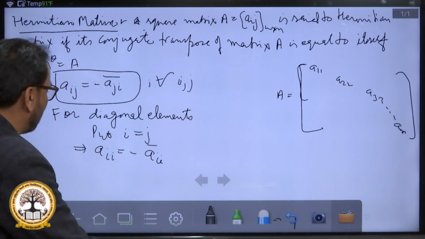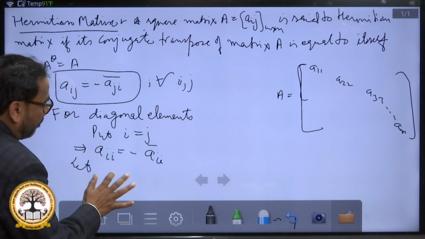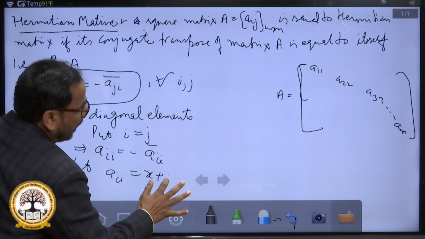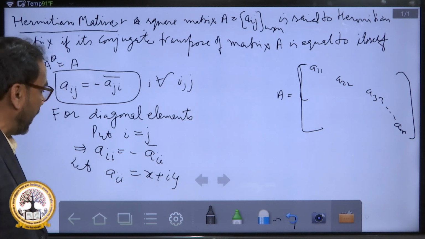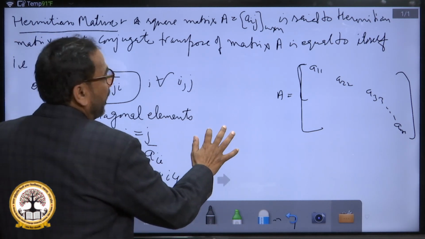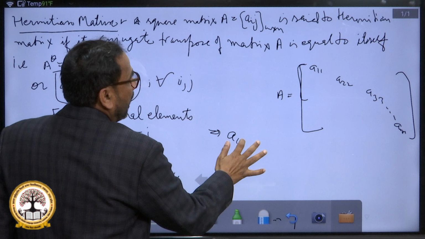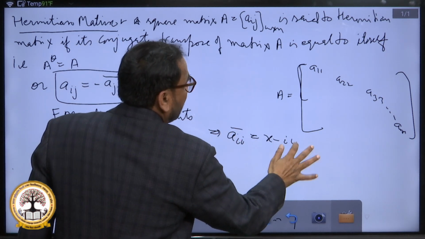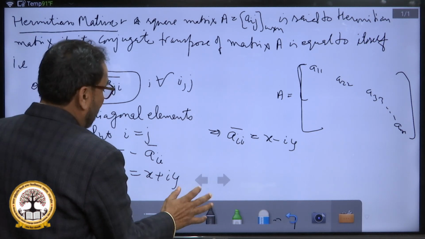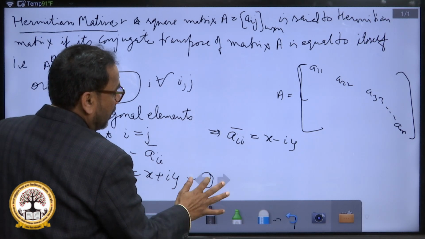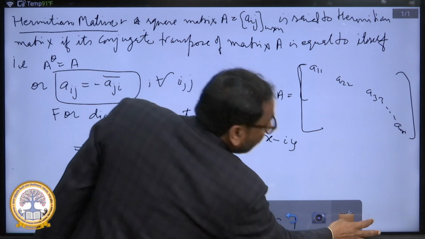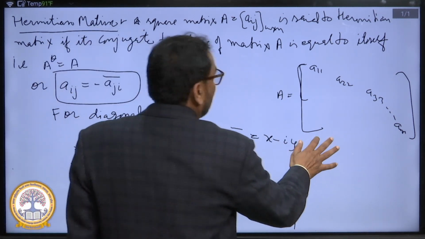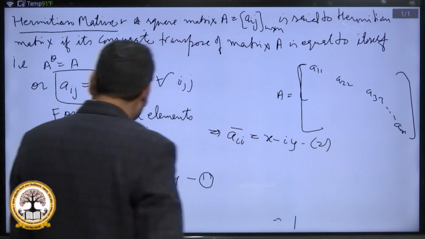Let this number Aii be equal to x plus iy, which implies that Aii bar is equal to x minus iy. This is equation number 1 and this is equation number 2.